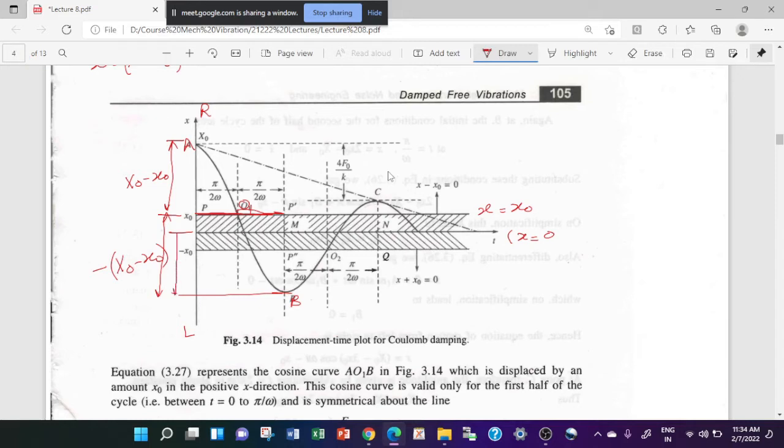This is again equal to X naught minus 2 small x naught. So you can say here in the first half cycle we started the displacement by giving capital X naught about this axis, but after half cycle it has reduced by 2 small x naught. So you can say in the first half cycle you are having a decay in the amplitude by 2 small x naught.